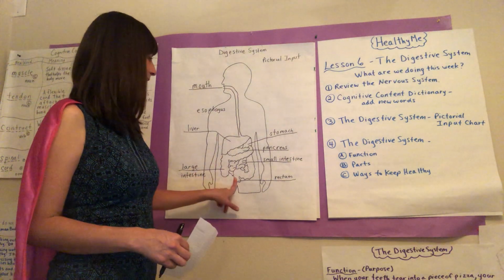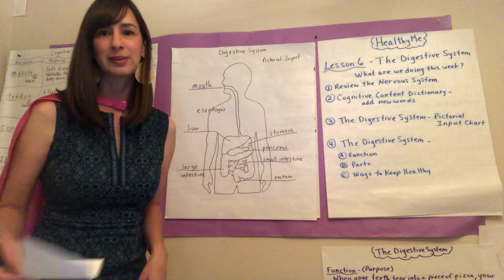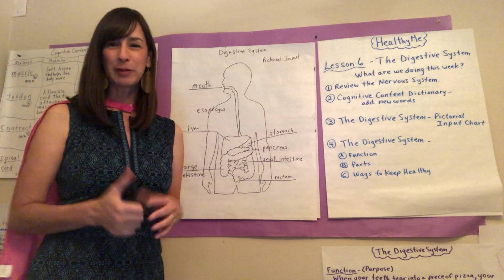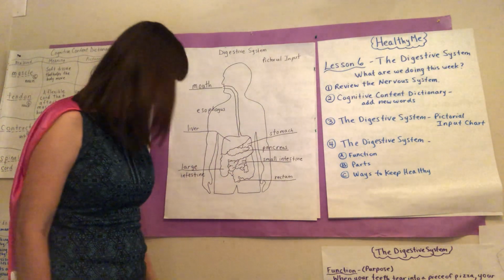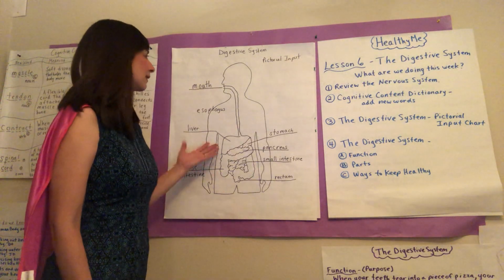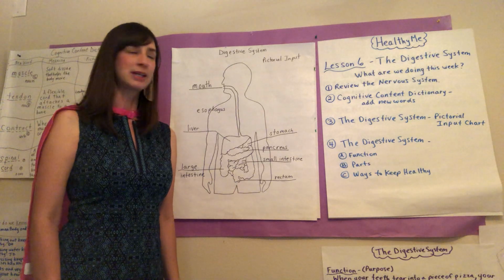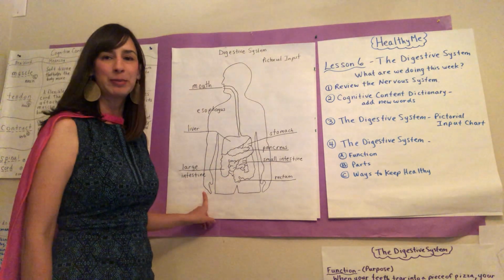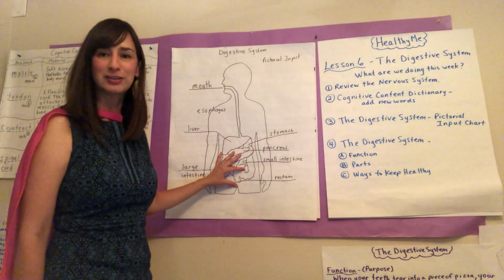That's where it goes, and then it's pushed out when we need to go to the bathroom. So sometimes it's a little embarrassing to talk about, but it happens to all of us, so it's definitely something important to know, because we need to know those things about our body so that we can keep it healthy. And that is the last and final stop for all of the things being broken down through the digestive system.